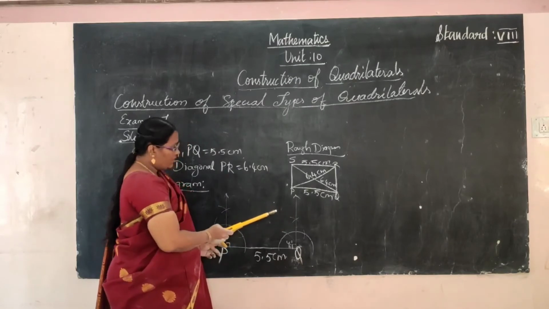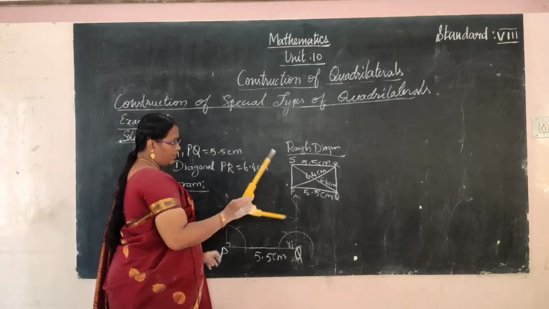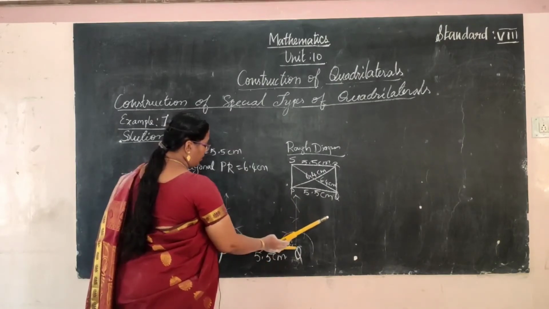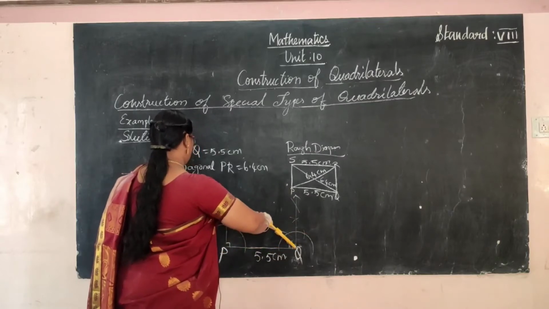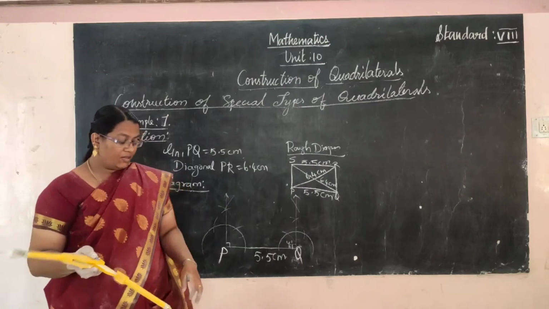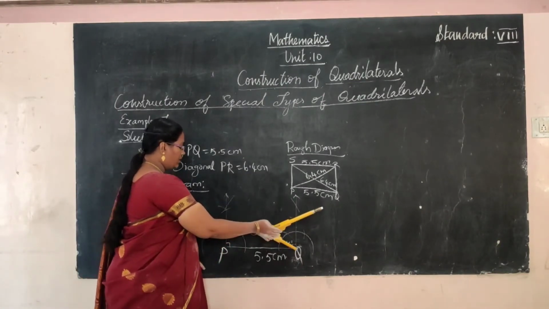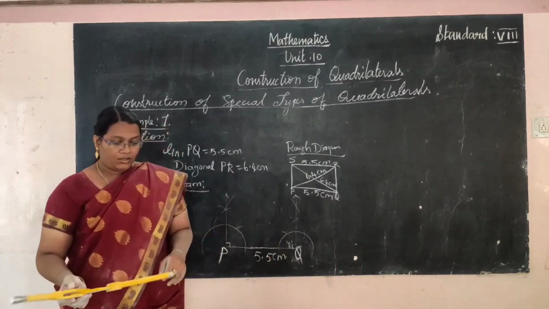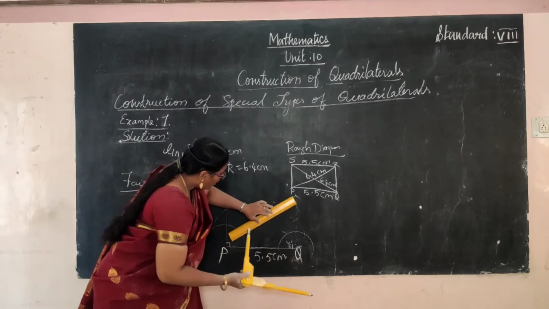Here with center P, draw an arc toward R. The same measurement with center Q, draw an arc. That's it. From P to here and with center Q to here are the arcs.